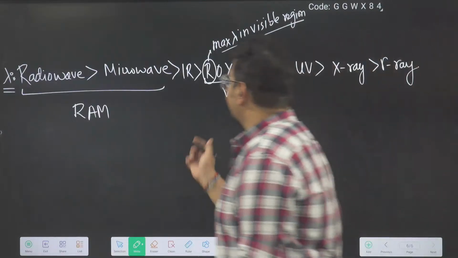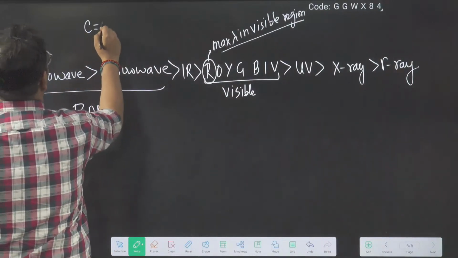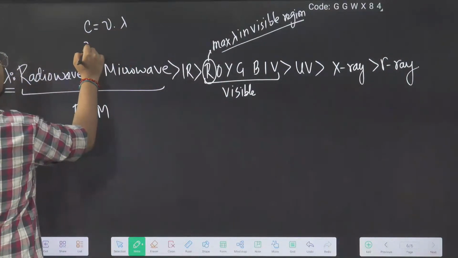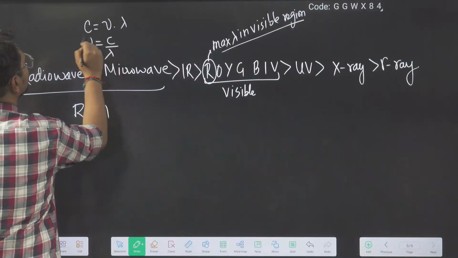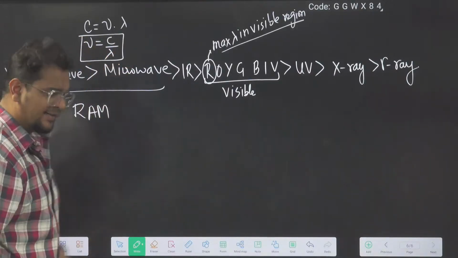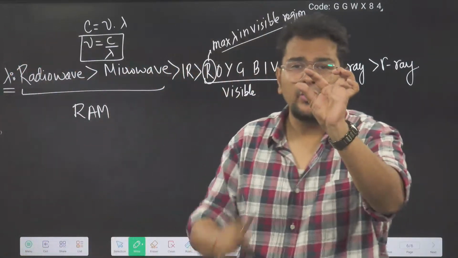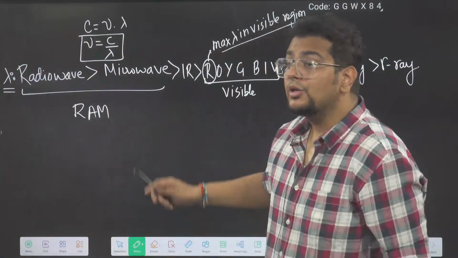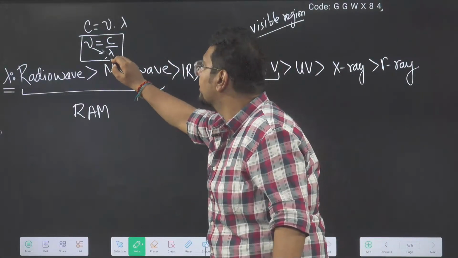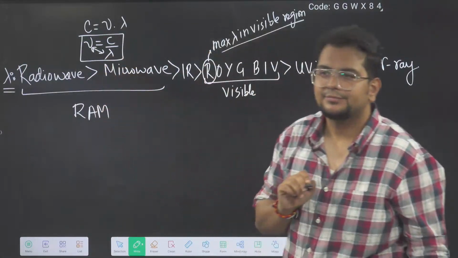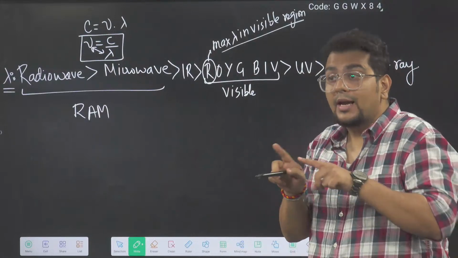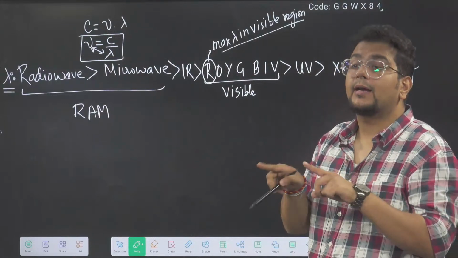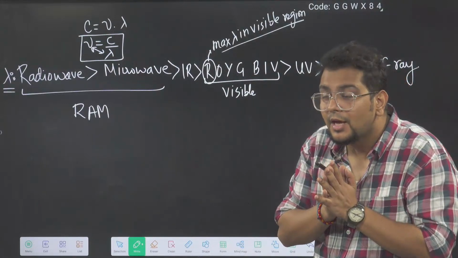This is the lambda. What we know is C equals nu lambda, so nu will be C upon lambda. So nu and lambda are proportional directly or inversely?